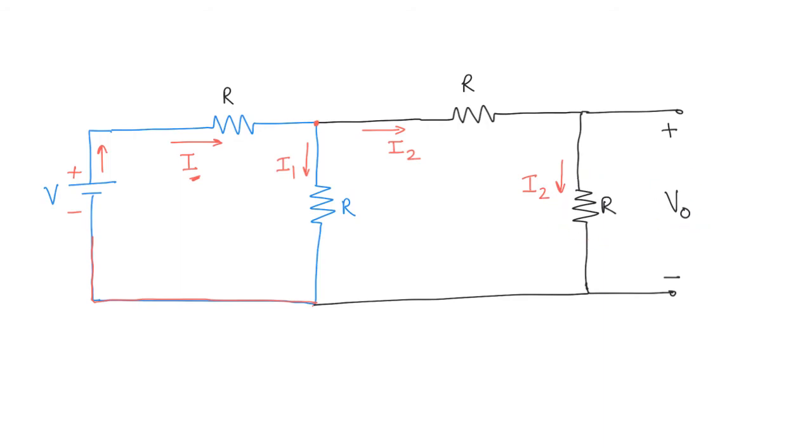So what's the output voltage going to be? VO is equal to I2 times R, and we have already calculated I2 as V over 5R. So just multiply that with R, and we get the output as V over 5. Now you can see that we put together two voltage dividers.